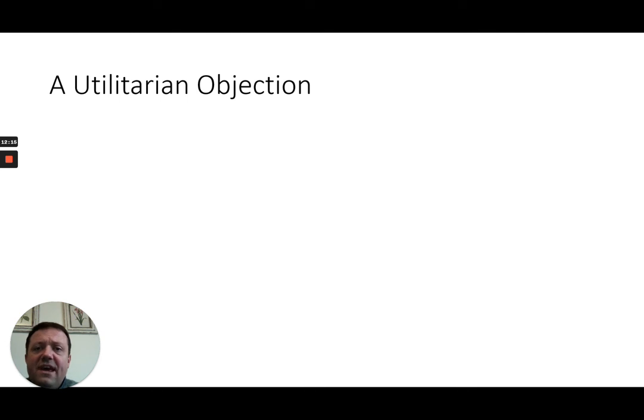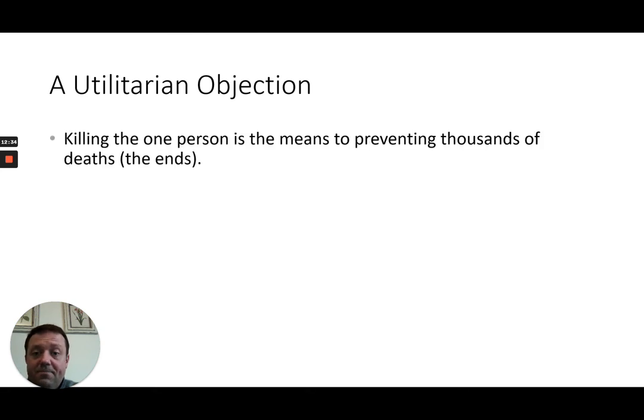Now, utilitarians do have some objections here, but bear in mind that Kant actually predated Bentham and Mill. So when you're having this discussion, you can talk about utilitarian objections, but of course also point out that Kant was working before the utilitarians really came to prominence. Now, a utilitarian objection may run along the lines of, you need to kill one person in order to prevent hundreds or thousands of other deaths.